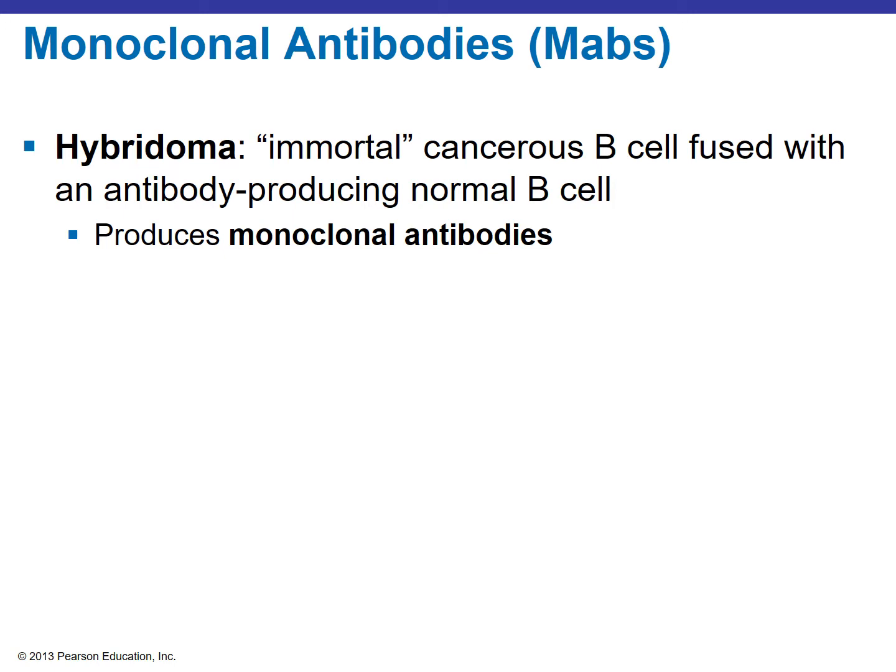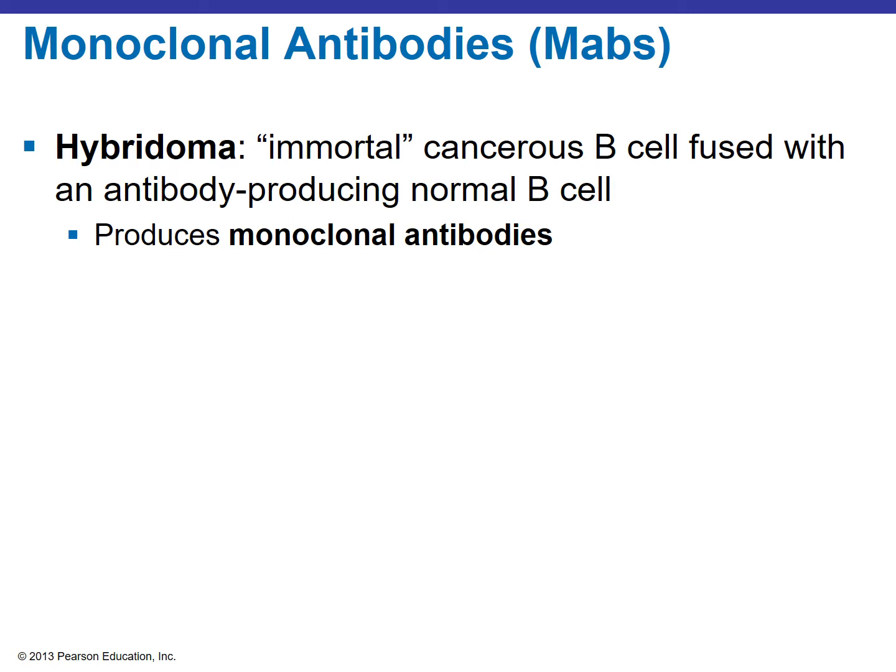You might remember from when we talked about tissue culture that you can get cells directly from the body, and they will go through a couple, 2-3 cell divisions, but then they die after that.